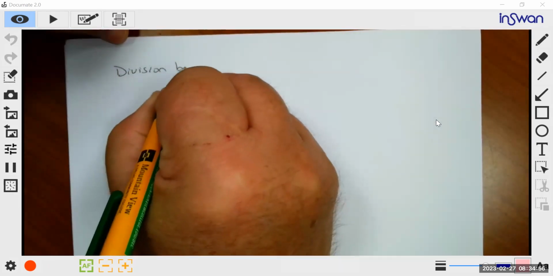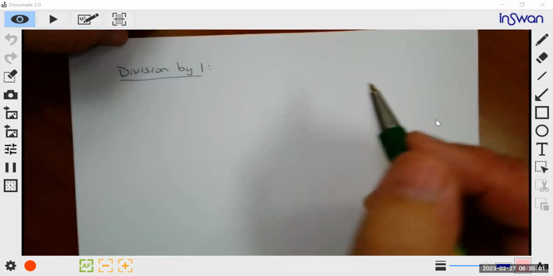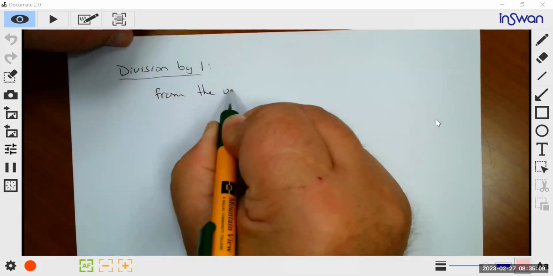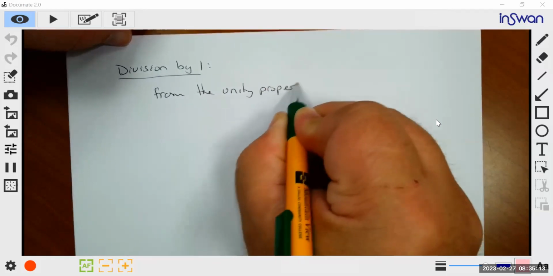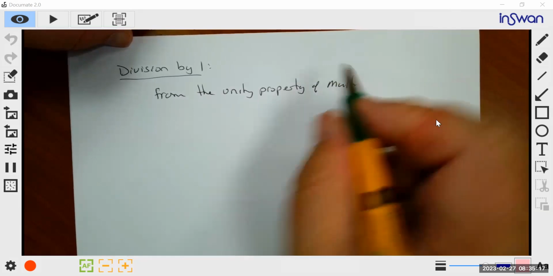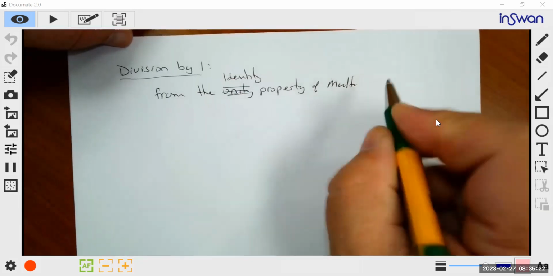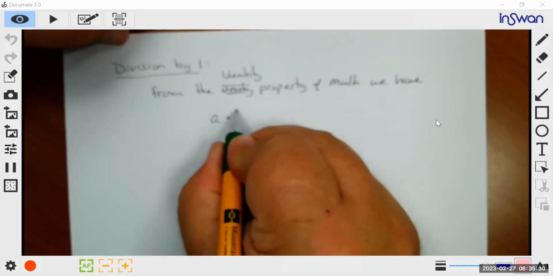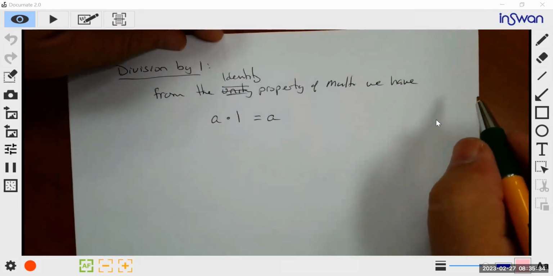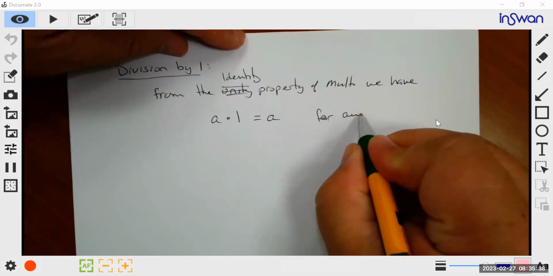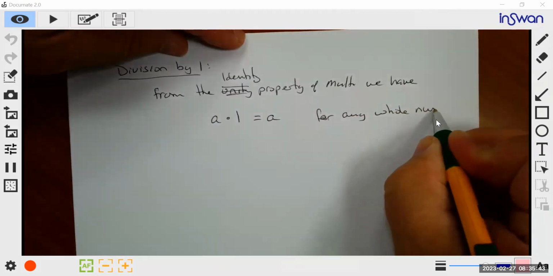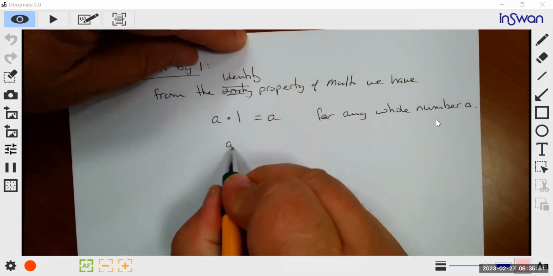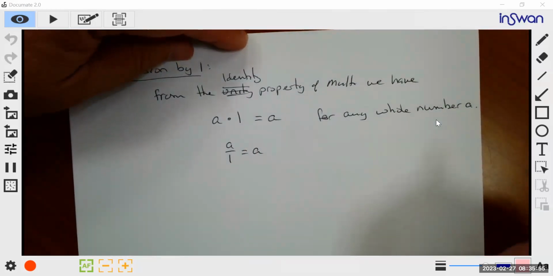Division by 1. From the identity property of multiplication, any number times 1 equals itself, for any whole number A. So with that, A divided by 1 is also A. That's the property.